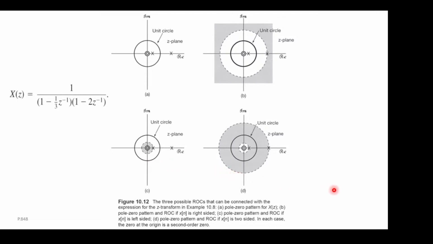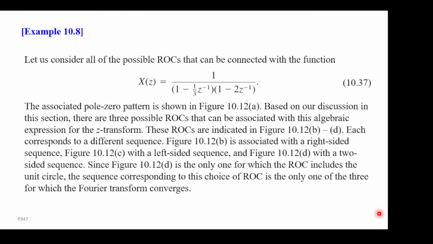As we said, the outermost one is right-sided, the innermost one is left-sided, and if you are in the in-between one, your function is two-sided.